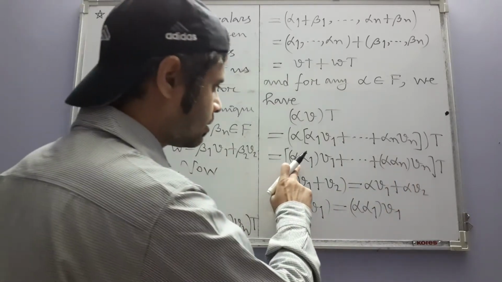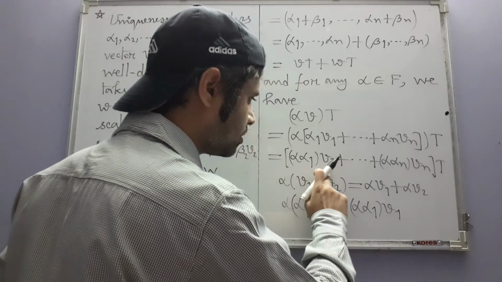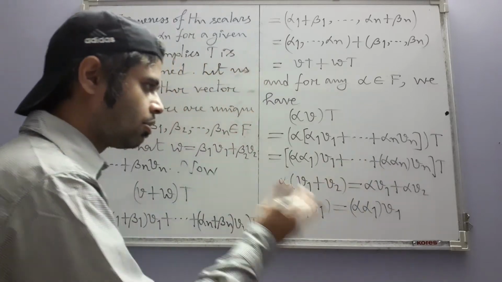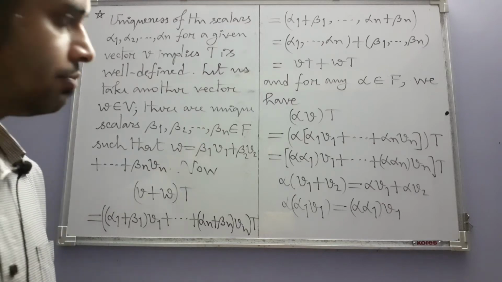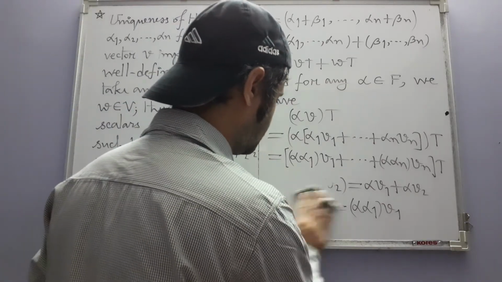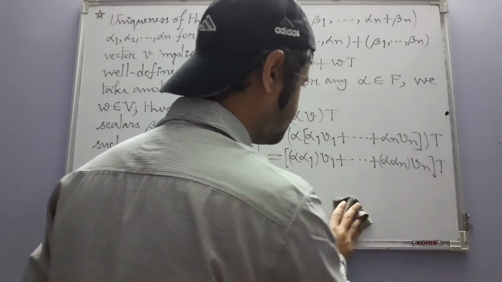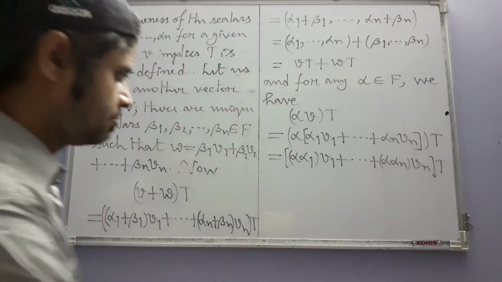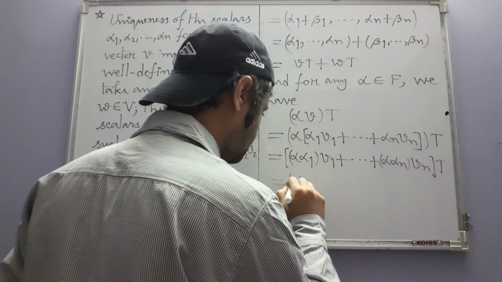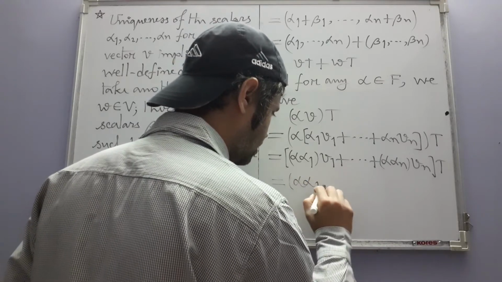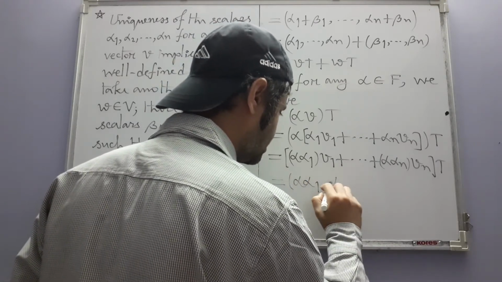Again, now we are faced with a linear combination of the basis vectors on which we are applying T, so we can directly use the definition of T, and this will be equal to this n-tuple, alpha alpha 1, alpha alpha 2, let's just write one more, alpha alpha n.